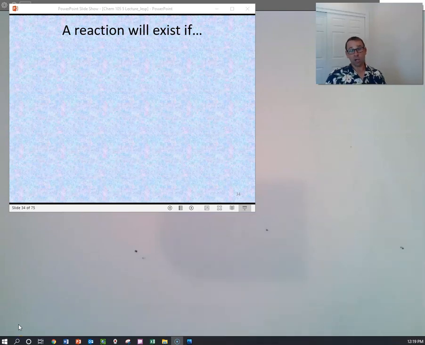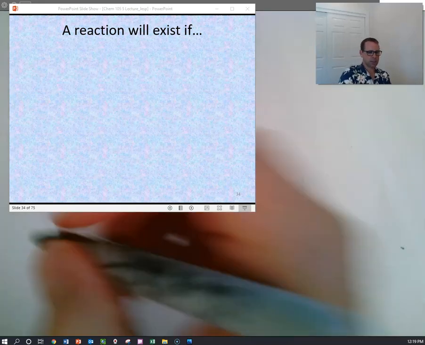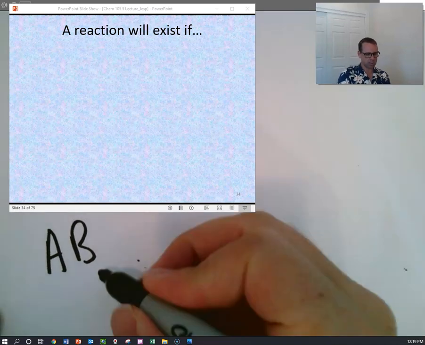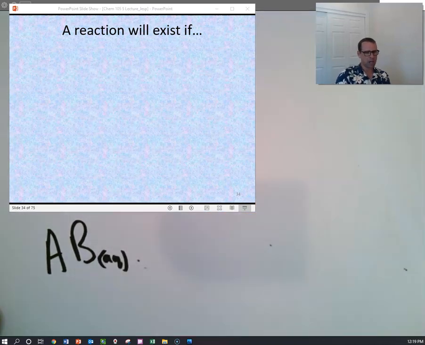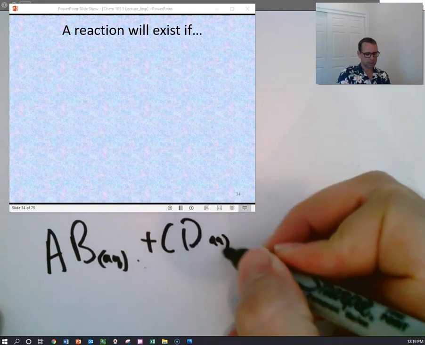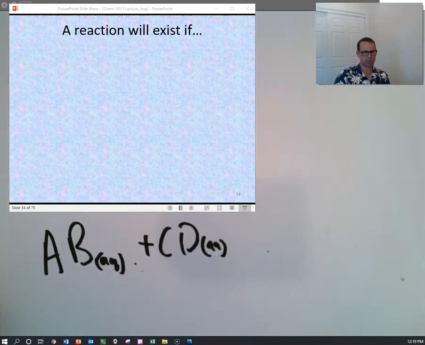All right. So, thus far in our study of Chapter 5, we've been following the progress of a certain kind of reaction. This reaction is AB, some chemical AB, which is an ionic aqueous compound, combining with CD, which is an ionic aqueous compound.